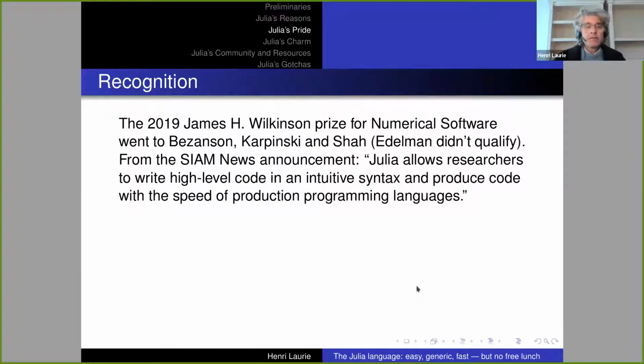Okay, so in terms of recognition, the creators of Julia got the 2019 James Wilkinson Prize. It's awarded every 4 years. Your PhD must not be older than 12 years at the time of the award, I'm not quite sure, but anyway, 12 years. And Edelman's PhD was much older than that.